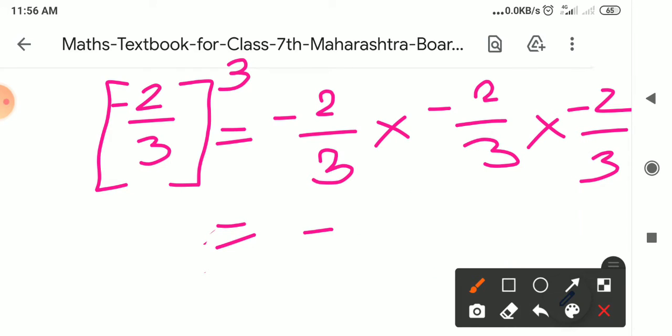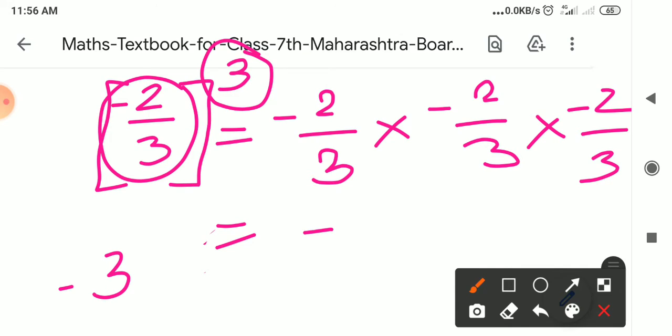Why? One more thing: if the power is an odd number, the answer is negative, and if the power is an even number, the answer is positive, when the number whose index value we have to find is negative.